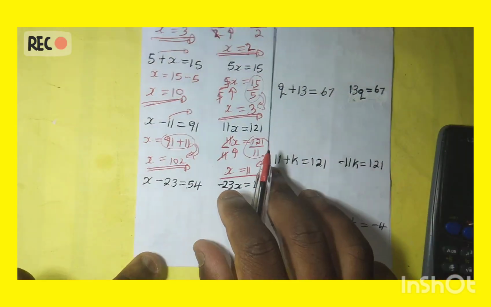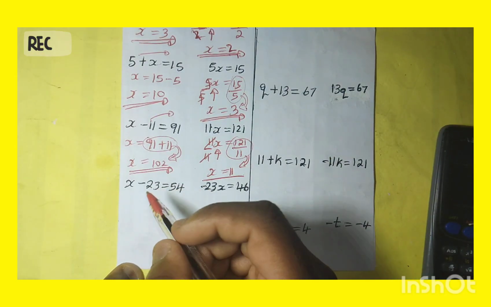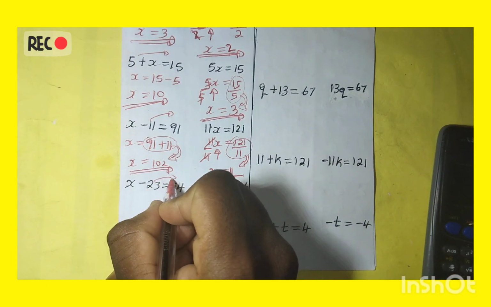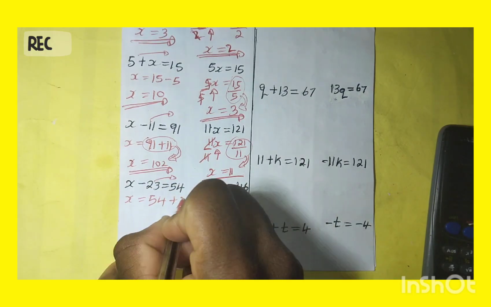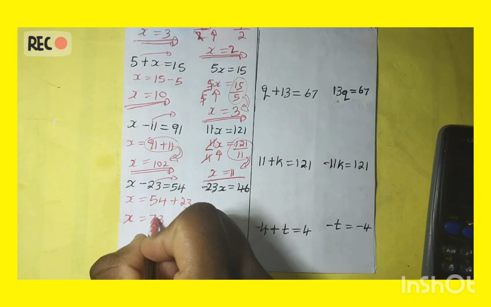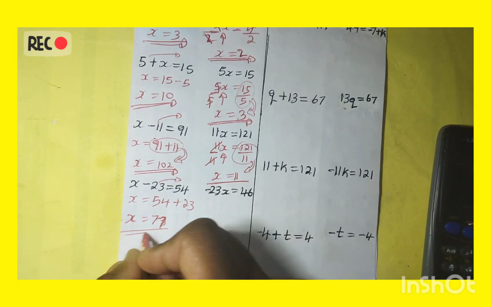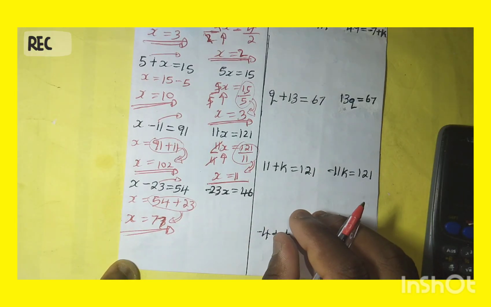Then what about this one? This one you can even stop the lesson and take a try. Then if you feel like it's hard, this is how you do it. Taking that thing to the other side, it will change the sign, they become positive 23. Meaning now your final answer is supposed to be 77. Press all of this on your calculator, it will give you 77. Do you see?